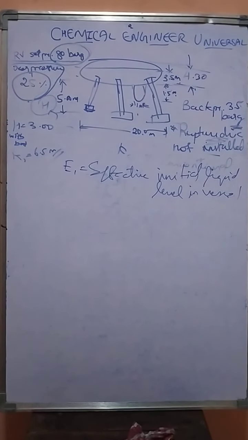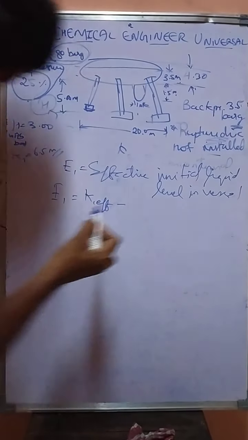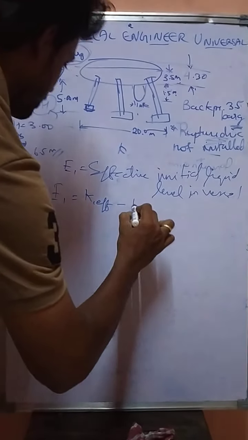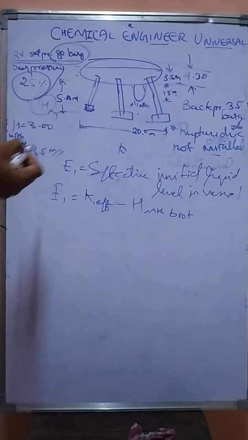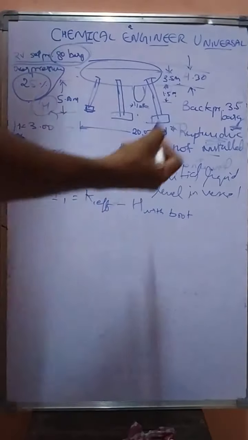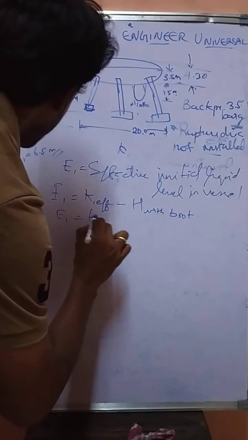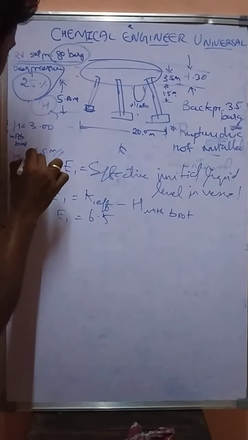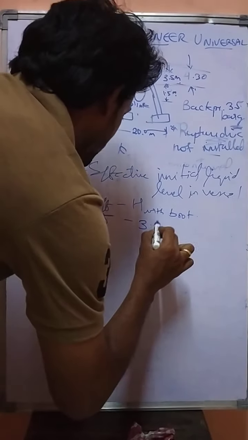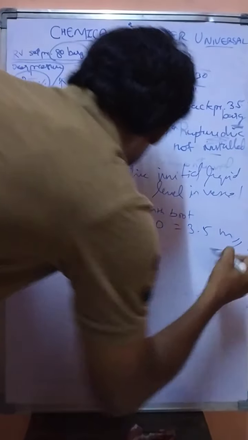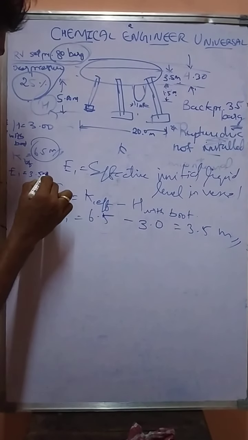For that, E1 is equal to K1 effective minus H with boat. If you don't have a boat, you can directly take the H value. So E1 is equal to K1 effective, which we found out as 6.5 meter, minus H with boat, which we found out already as 3 meter, which is equal to 3.5 meter. So now we got E1 also: 3.5 meter.